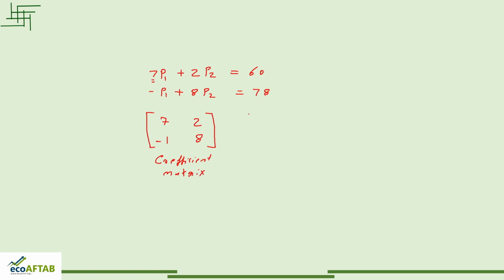Then comes the two variables P1 and P2. So this is our variable matrix, and the constants are 60, 78. So this is our constant matrix.